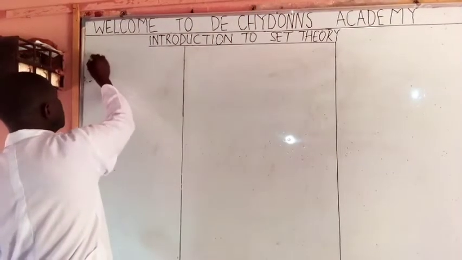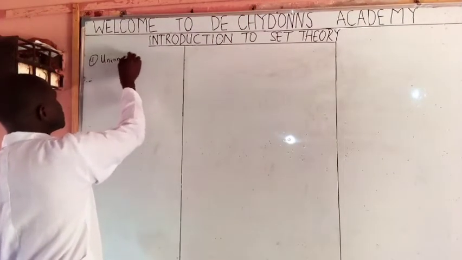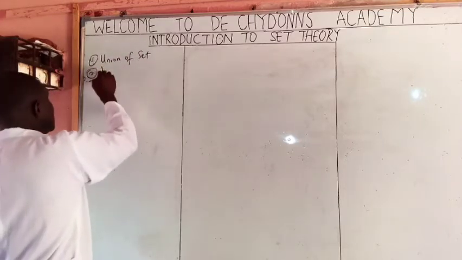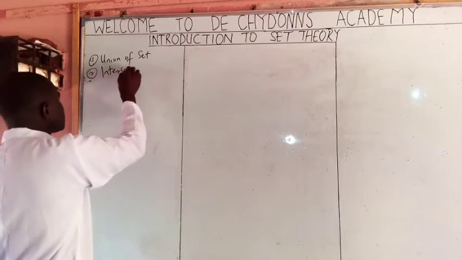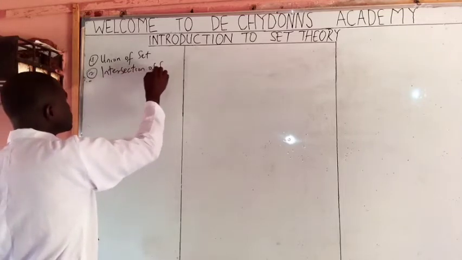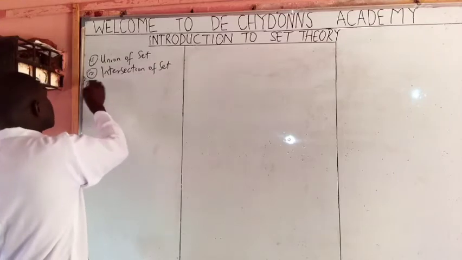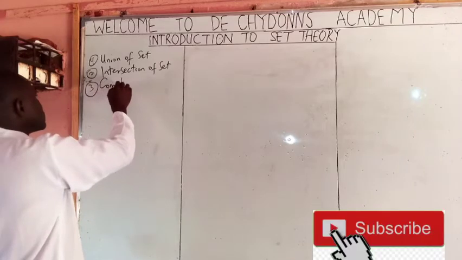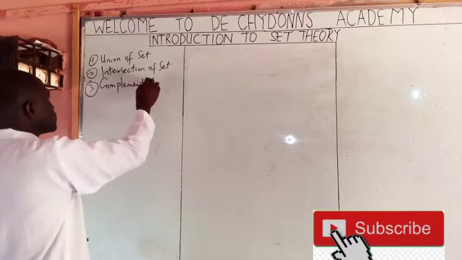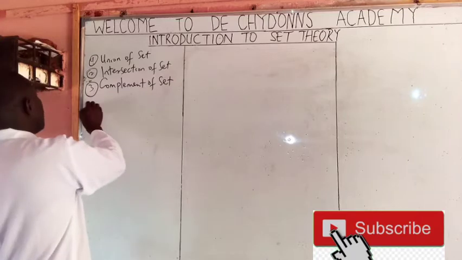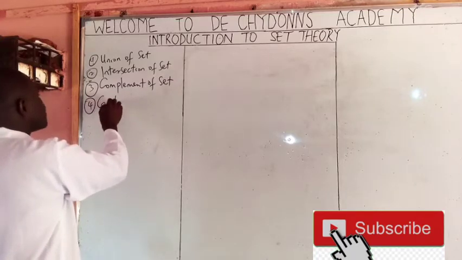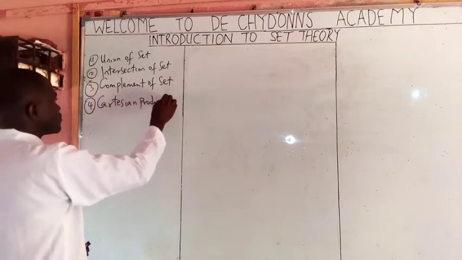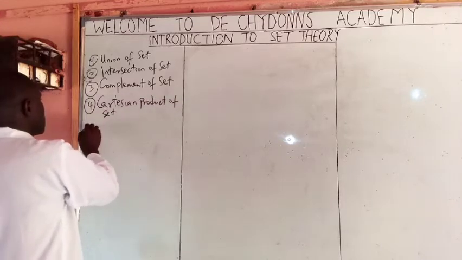1. Union of set. 2. Intersection of set. 3. We also do complement of set. 4. We also do Cartesian product of set. 5.